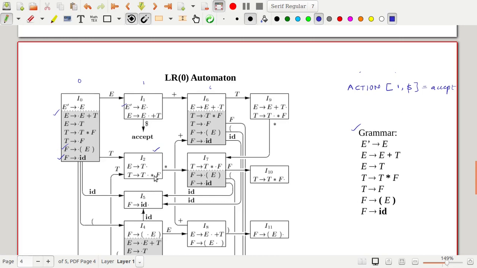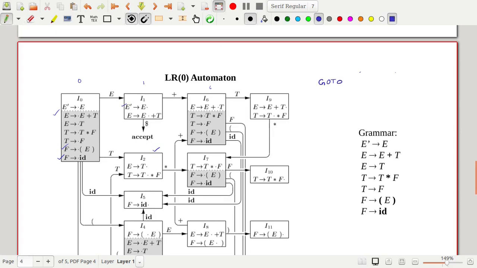Here first we can consider the terminals, or we can fill the action part of our parsing table. So here after dot there is star symbol, so we have a go to here like this.